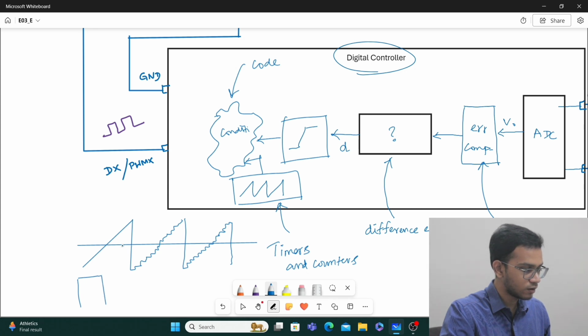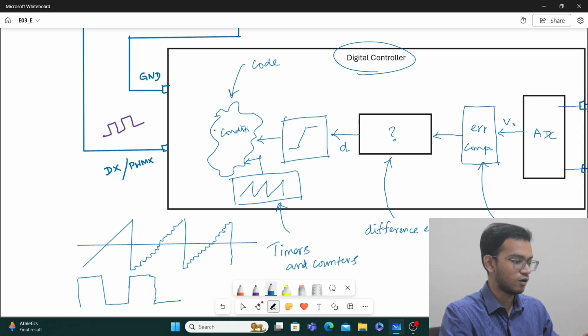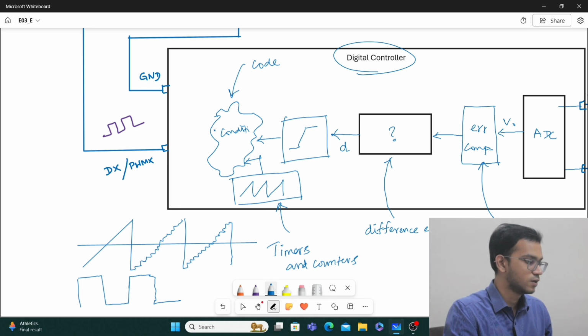If my duty ratio is submissive, produce a logic low. Again, if my duty ratio is dominant, produce a logic high. If my duty ratio is submissive, produce a logic 0. Now it's again an if-else statement. You do see that all these processes are simply lines of code here.